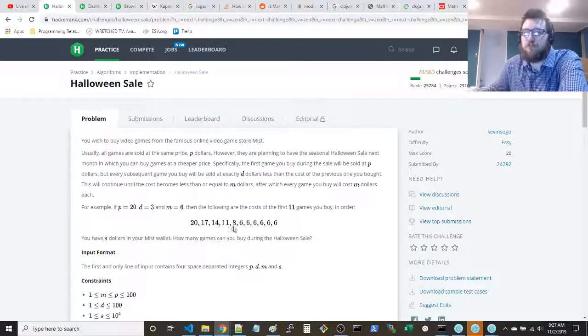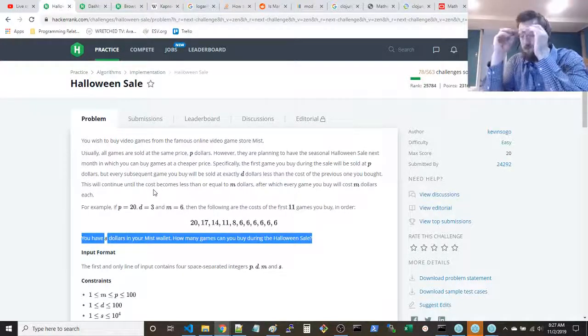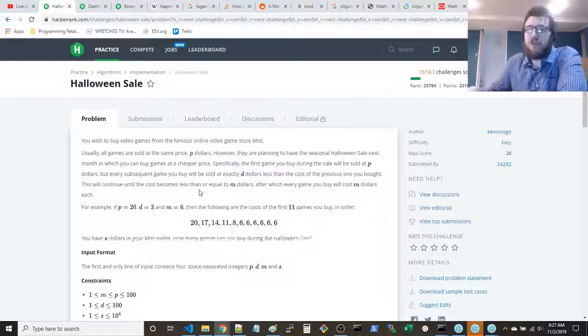So what's interesting is we can do this. I'm probably going to ask, do you have enough money, or how many games can you buy? That's a little more interesting. If you wanted to get the sum, you could still do this. Basically, you can write a function to compute, in constant time, how much a given number of games is going to cost.